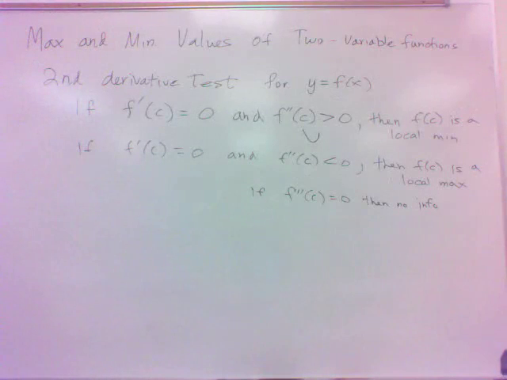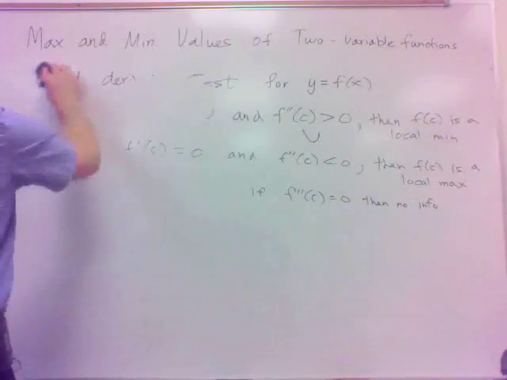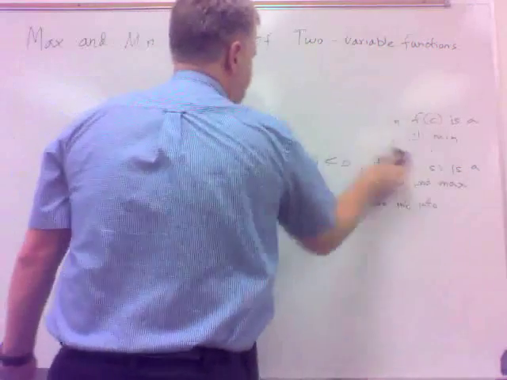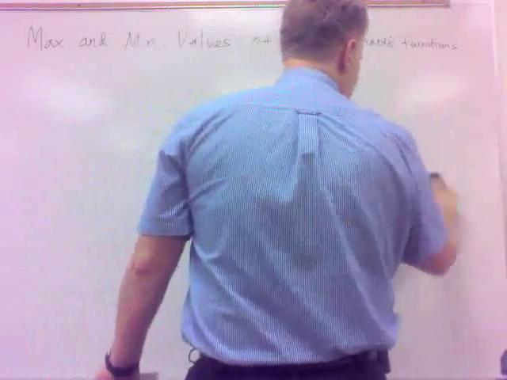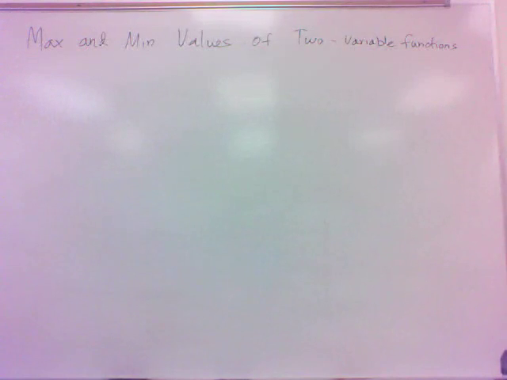Well, when we go to two variable functions, it's very much analogous. There is a second derivative test for two variable functions. But let me first mention this. The other complication with the second derivative is there are multiple second derivatives.